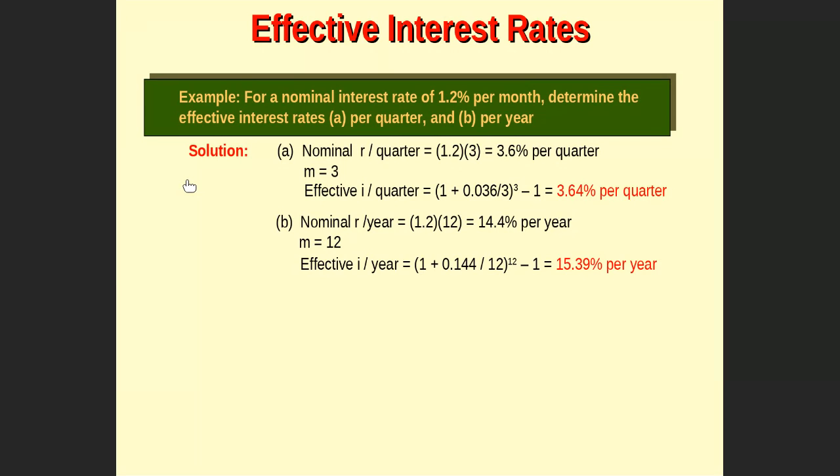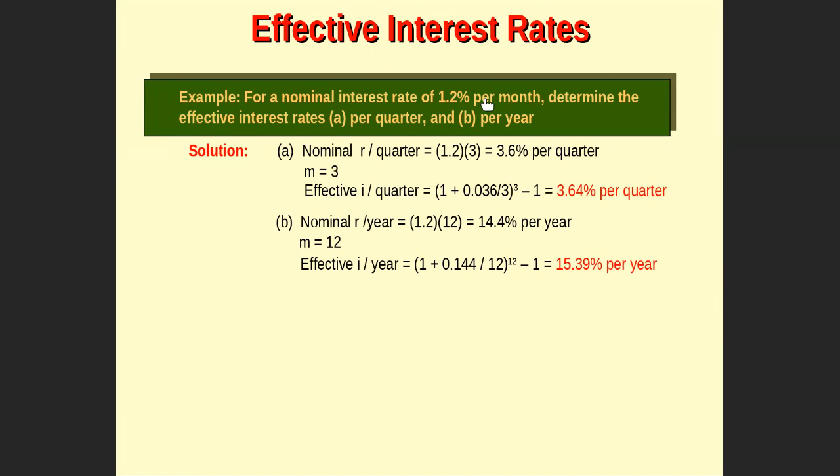So follow me in the two conditions. The two conditions say, at the bottom of that page, that you have to compare the time period and the compound period to decide which formula you are selecting. So the time period in this case is the month, because it is stated here 1.2 per month.